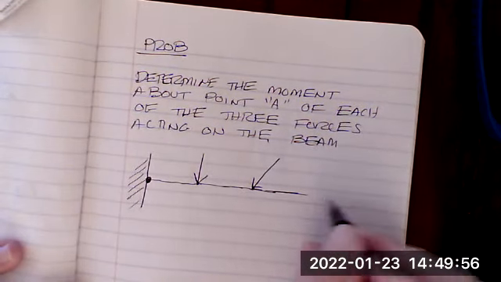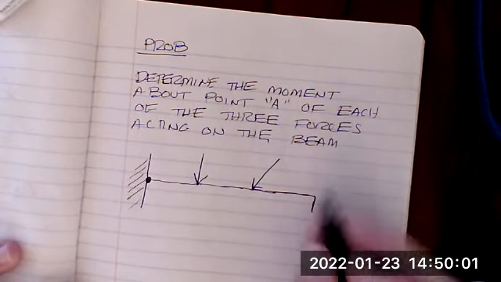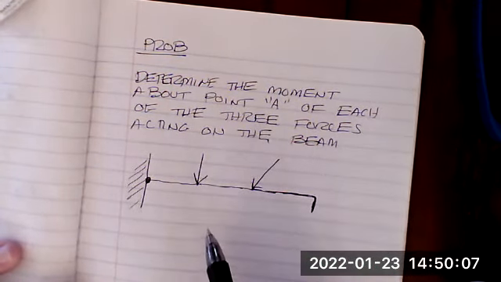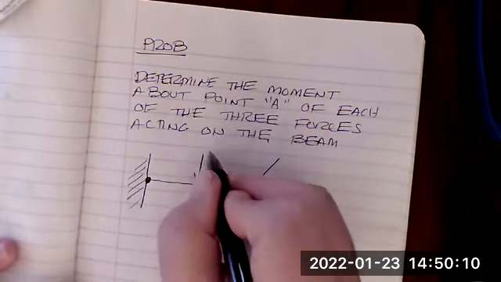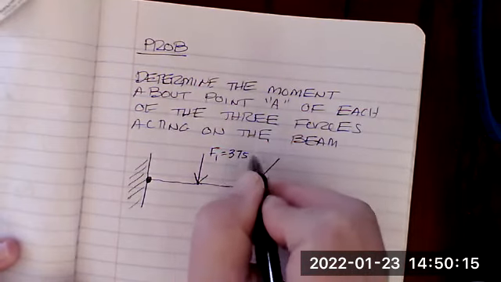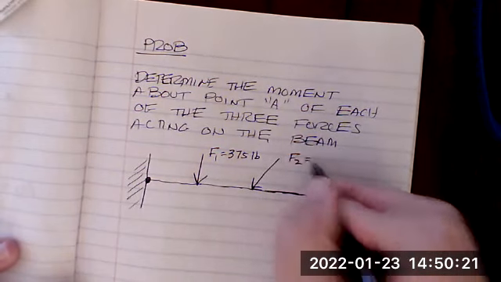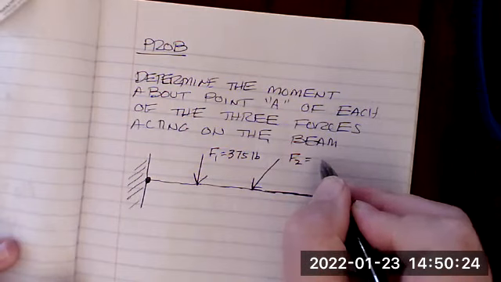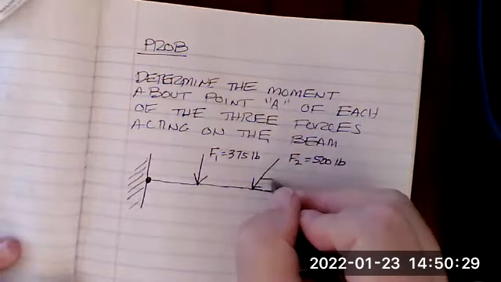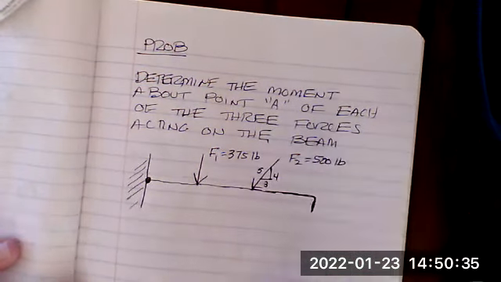This one is a little bit trickier because this is an L-shaped beam. So this force F1 is 375 pounds. This force F2 is equal to 500 pounds. This is a force triangle 3, 4, 5.